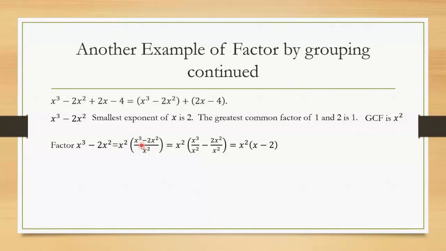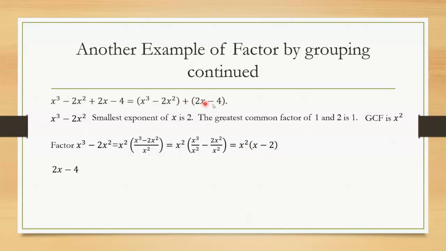We have x cubed minus 2x squared over x squared. We factor it out, but we have to divide as well. You divide into each term, as you can see. And so x cubed over x squared is just x, right? You just subtract the exponents. Here, the x squareds cancel, so we're left with 2. So that's what we get here.